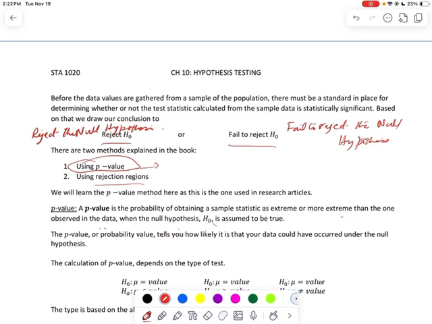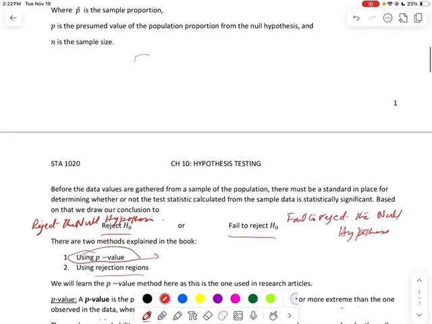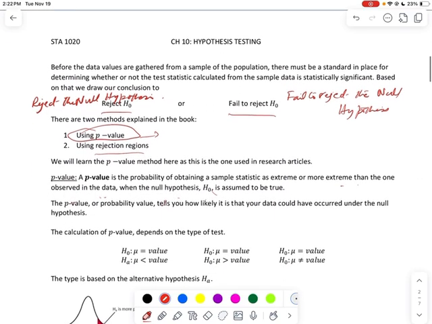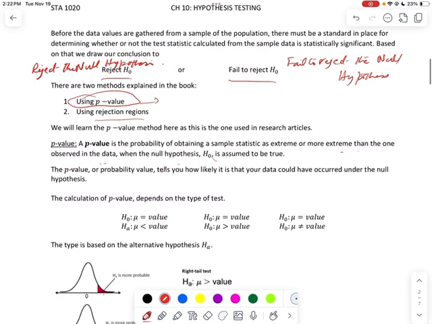In order to calculate the p-value, we have to look at the type of test. I have told you before that there are basically three types of tests.